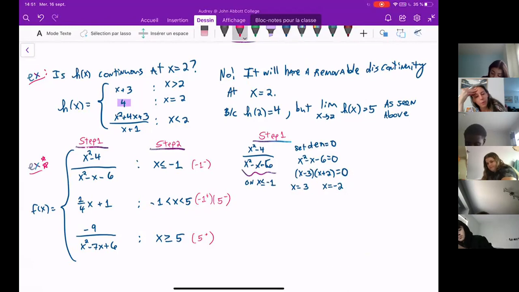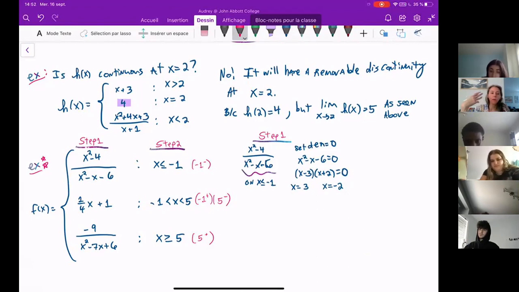Do I care about both of them? Or can I get rid of one of them? Can I get rid of -2? Is -2 less than -1? This is what I'm asking.